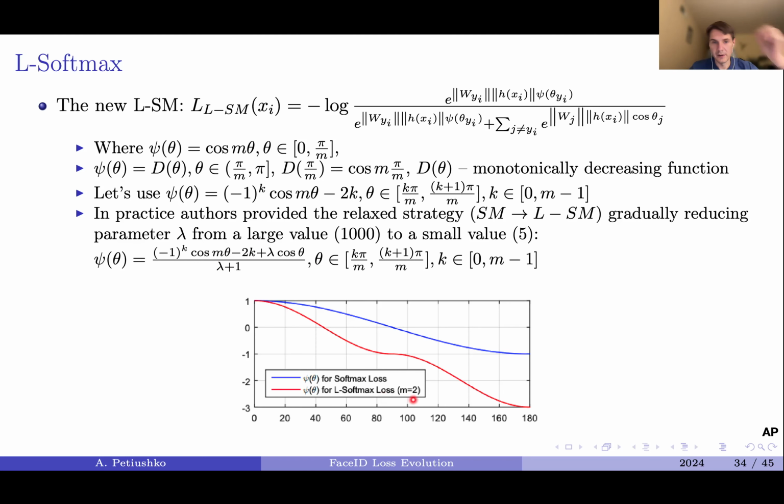And this is just an illustration of psi of theta for softmax loss, which is really cosine, and this is the red one. This is psi of theta for L-softmax loss when we have m equal to 2. Again, you can see they just took this part of the figure and copy-pasted it here.